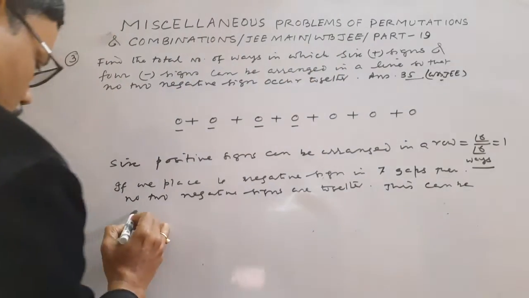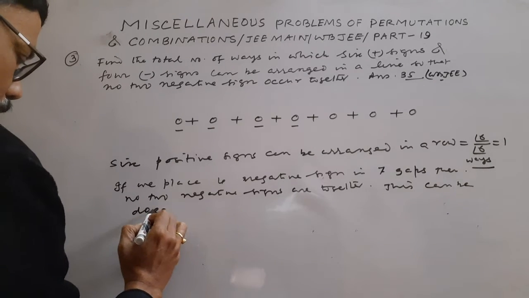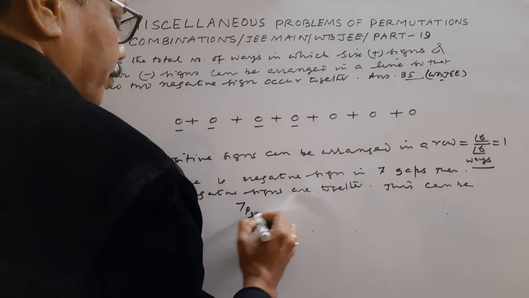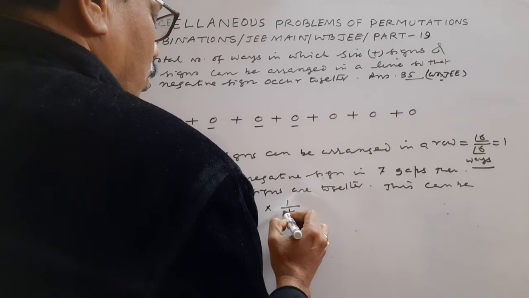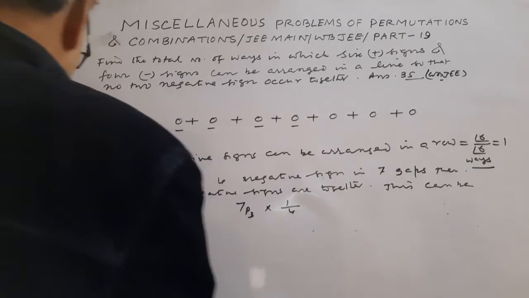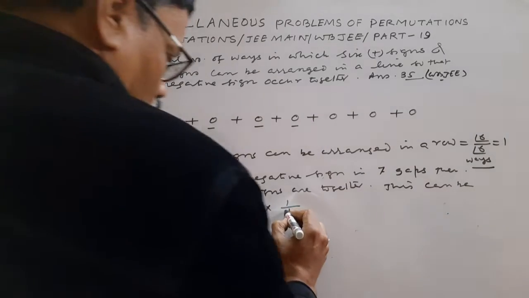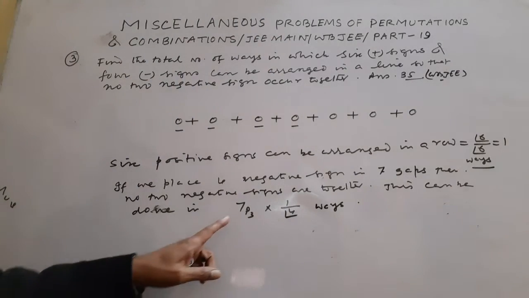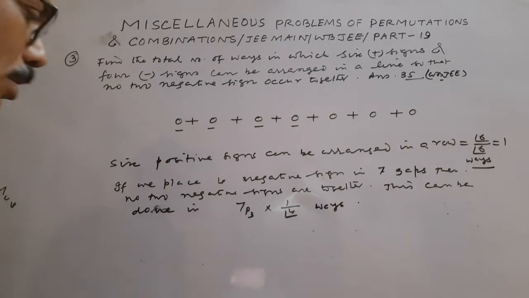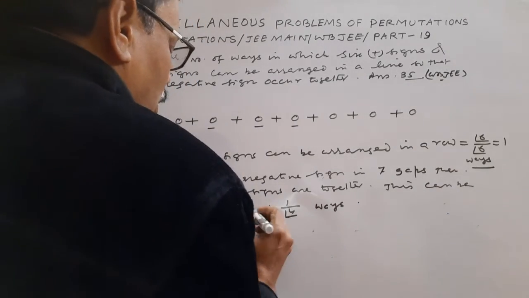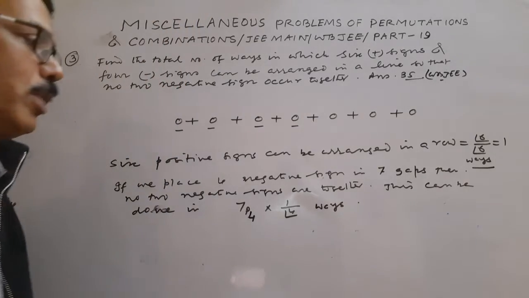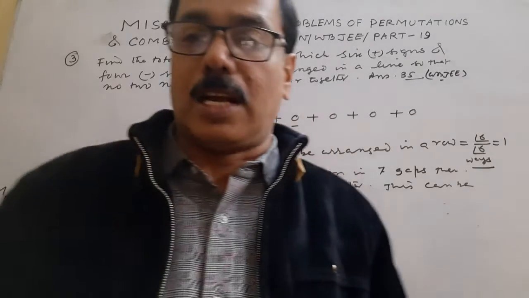This can be done in 7P4 into 1 by factorial 4 ways, because 4 negative signs are alike.